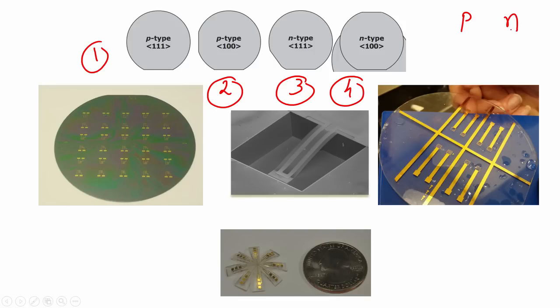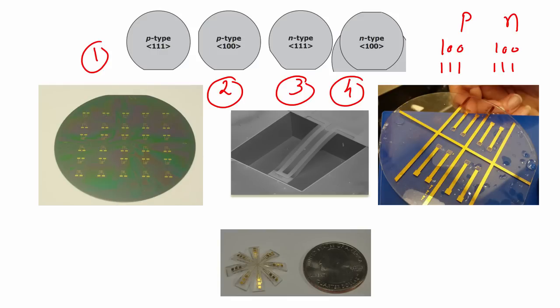Then what do I see? I see 1 0 0 and I see 1 1 1. These are the crystal orientations. So, how can we now understand whether it is p type 100, n type 100, p type 111 or n type 111? How will we know?